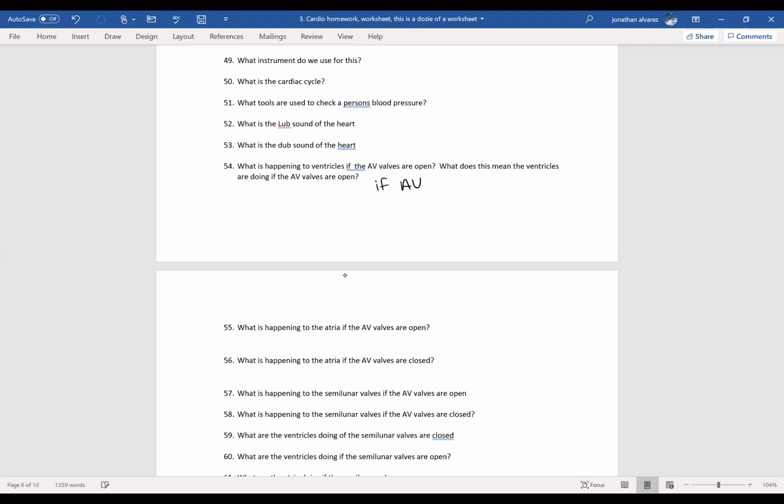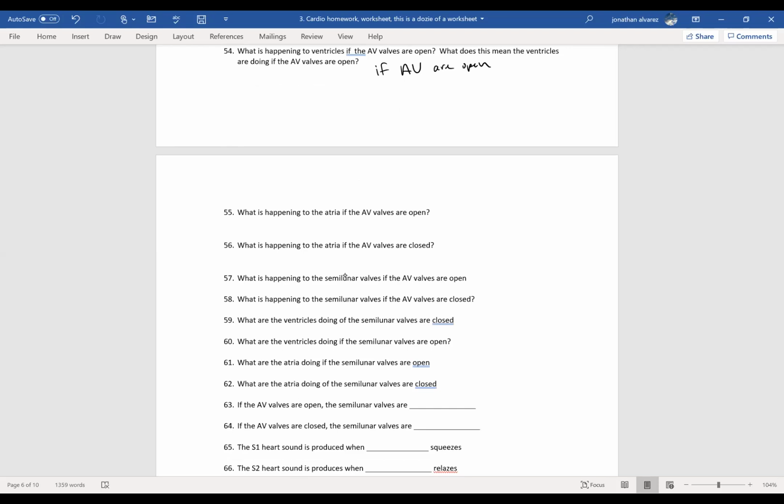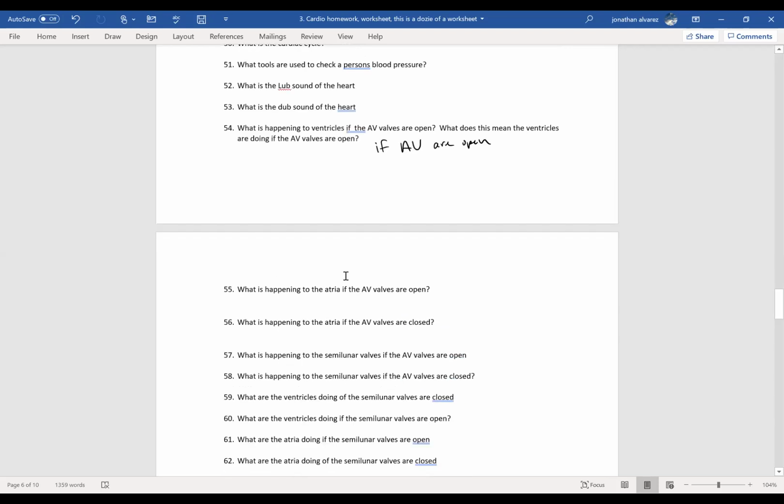AV, which is atrioventricular valves, which is the bicuspid and tricuspid, if the AV valves are open, the semilunars are closed.